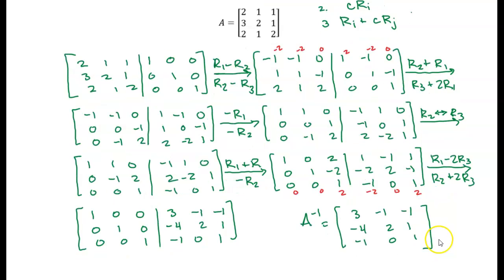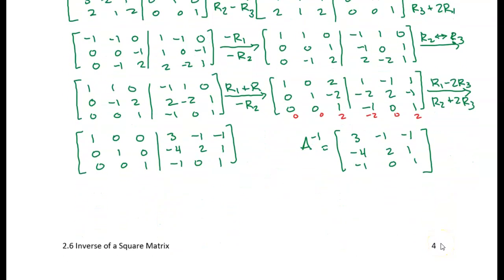Alrighty? But it's always a good thing to check. Now, I don't think I'll go through the whole process, but the way to check it, to make sure that you've got the right thing, is just to take A times A inverse.